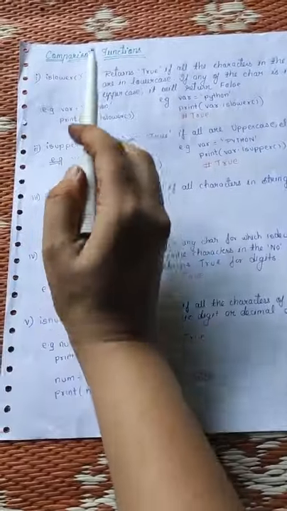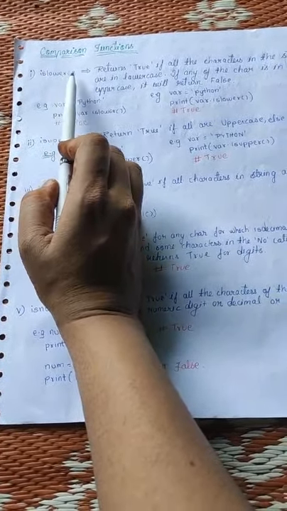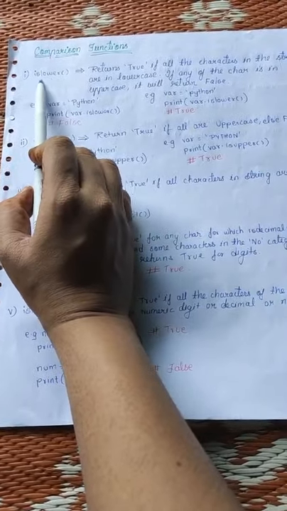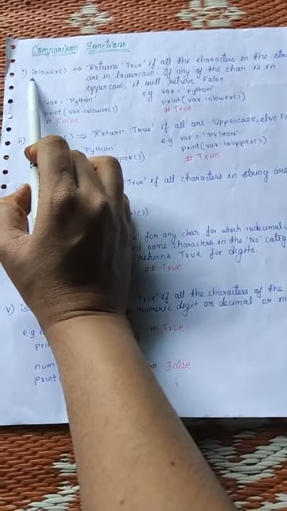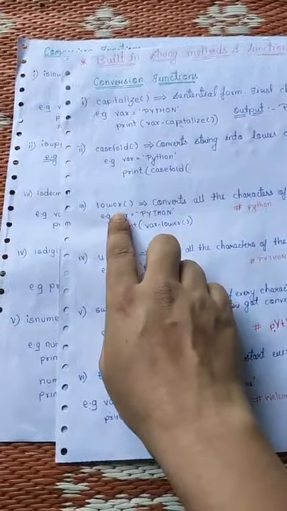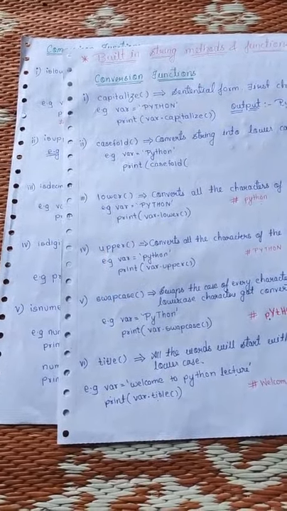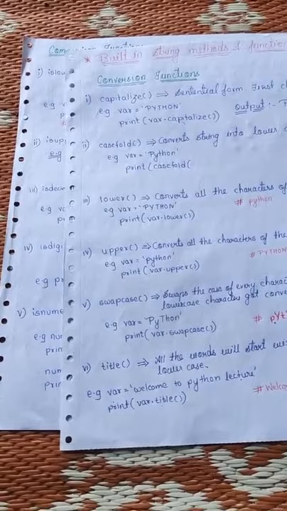First of all, for checking whether my string is in lower case or not, I will write the function islower. As you have seen in the previous case, we had a lower function which allowed us to convert the whole string into lowercase.